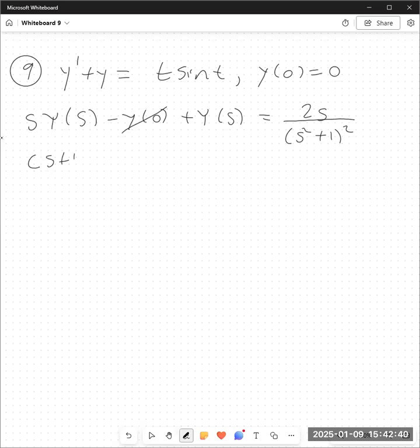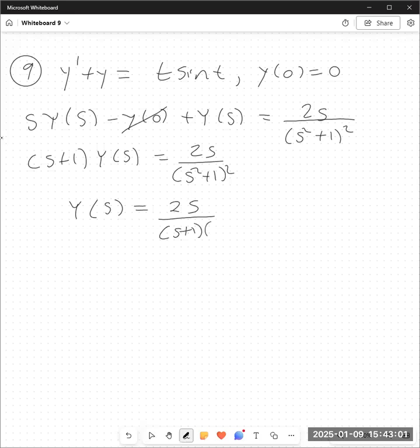This is s plus 1. Y of s is equal to 2s over s squared plus 1 quantity squared. So Y of s is equal to 2s over s plus 1 times s squared plus 1 quantity squared.